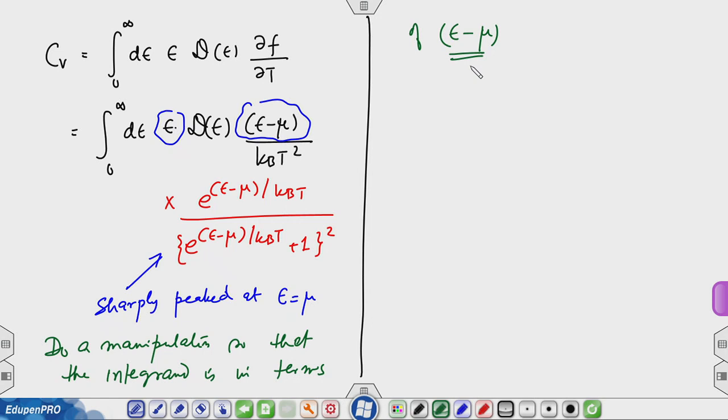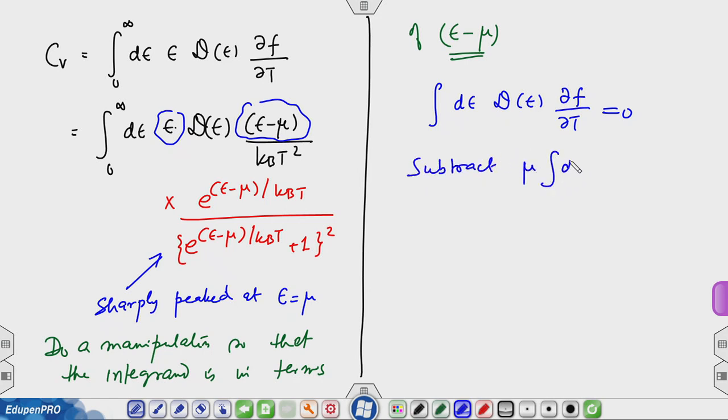So what I'm going to do now is use the fact that the integral dE g(E) del f del t is 0, and subtract mu times this integral dE g(E) del f del t from the expression for Cv.